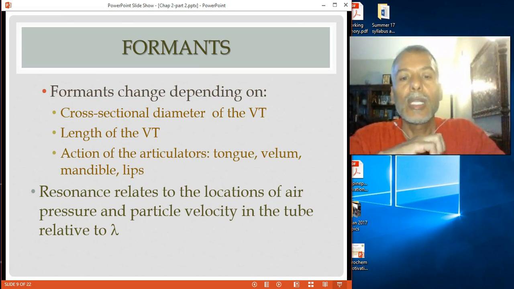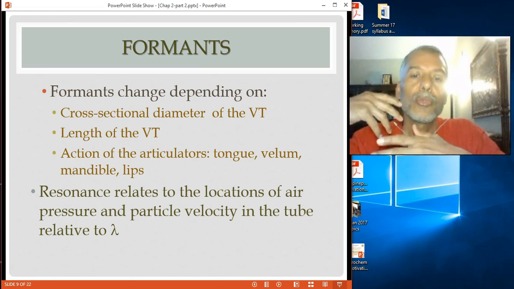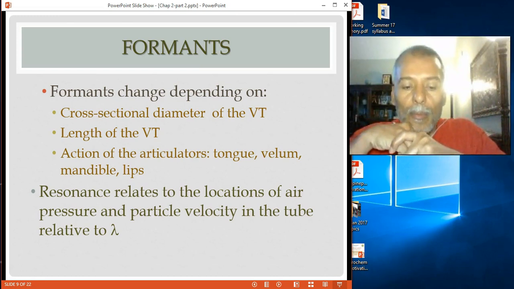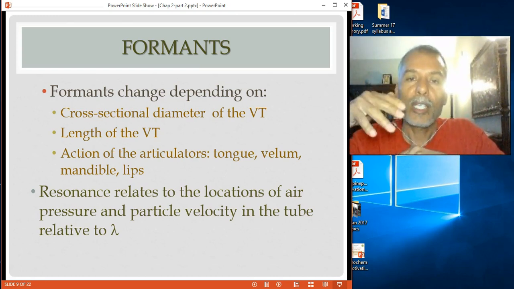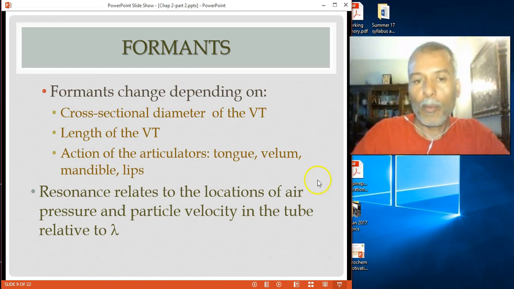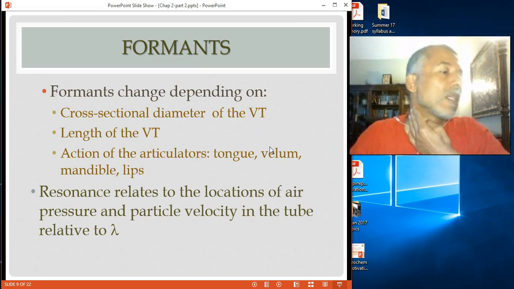Resonant frequencies in the vocal tract relate to certain locations. For example, they have to do with the areas of maximum pressure and maximum velocity in the vocal tract. So we're going to find out that F1, the first formant, is going to occur in the lower pharynx.